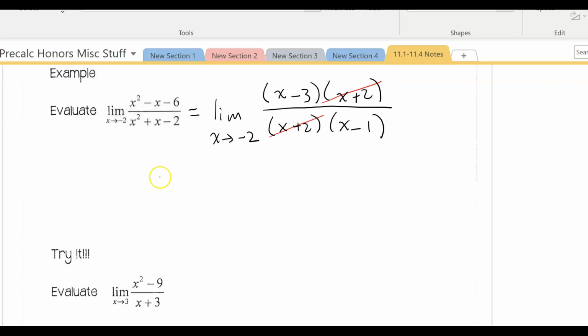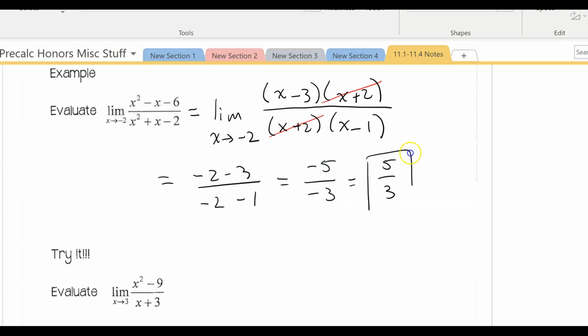And now that I've eliminated this term, which would be 0 if I plugged in -2, I can use direct substitution. So I'll substitute -2 in the numerator, so I have -2 minus 3. Substitute -2 in the denominator, I have -2 minus 1, which gives us -5 over -3, or 5/3.